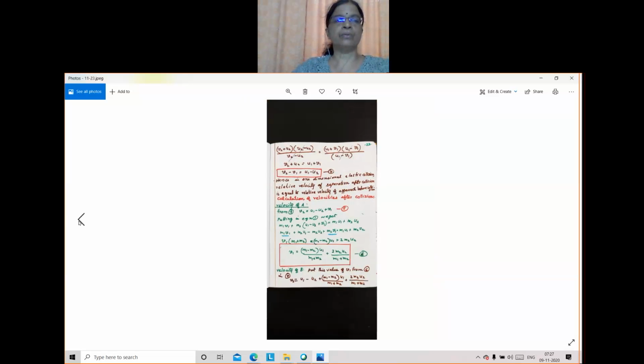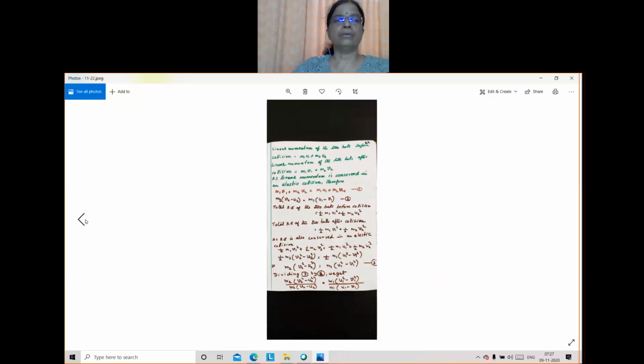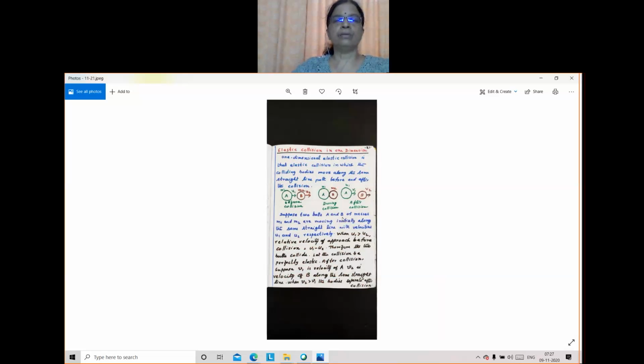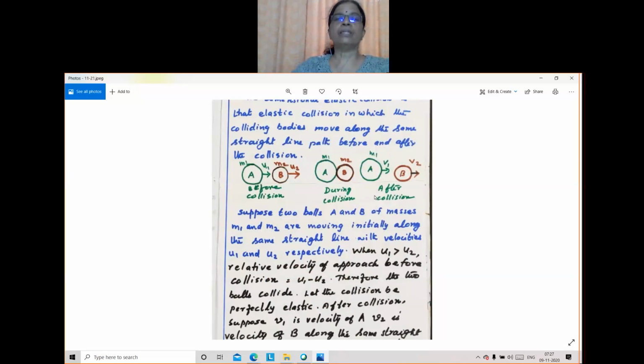We can go to the figure. v1 equals u2. Here v1 is the velocity after collision. That means the first body's velocity becomes the second body's initial velocity. So when two bodies of equal mass collide, what happens?